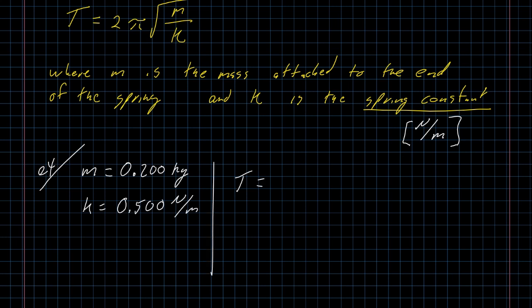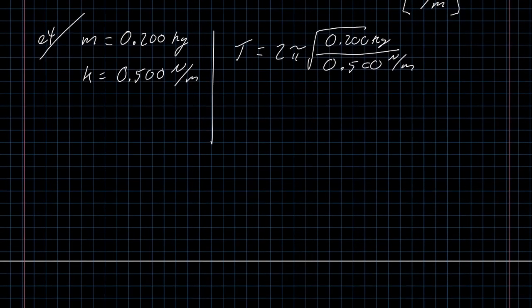Well then T equals 2 pi times the square root of 0.200 kilograms over 0.500 newtons per meter. Most of this I can just take care of with the calculator, no big deal. 2 times pi times the square root of 0.200 divided by 0.500. Numerically, this is going to come out on the order of 3.97.